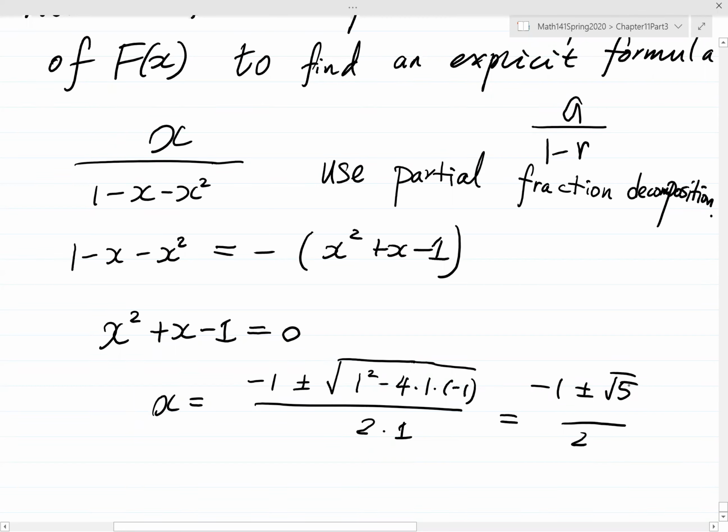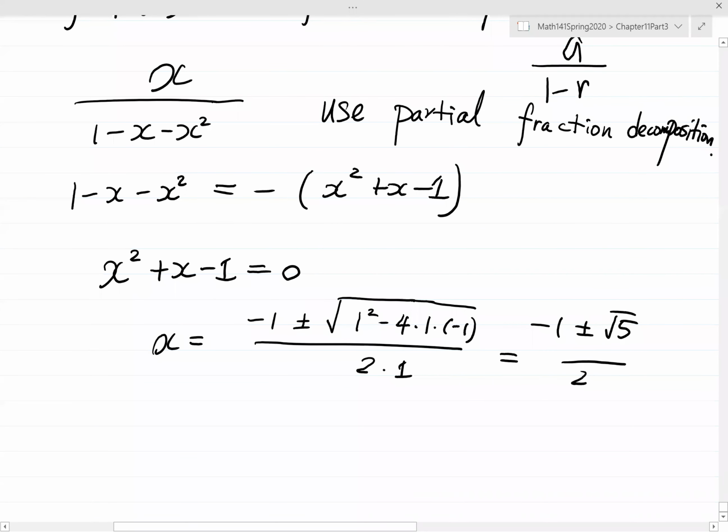This is actually the famous golden ratio.